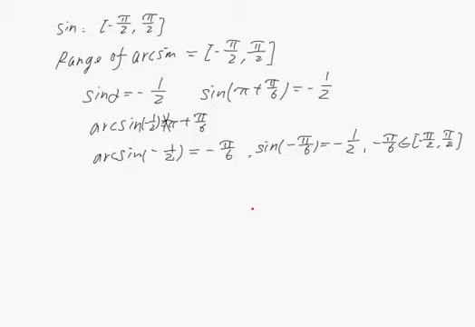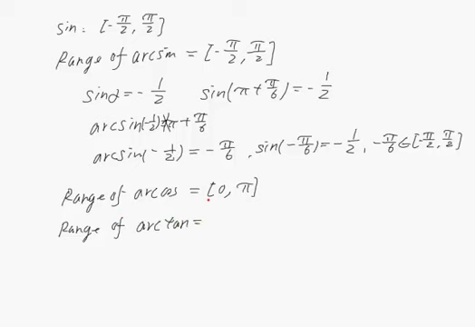Okay, so this is about the range of all those inverse trigonometric functions. And for the cosine, the range of the arc cosine is the interval from 0 to pi, right? And for the arc tangent, its range is from negative half pi to positive half pi.